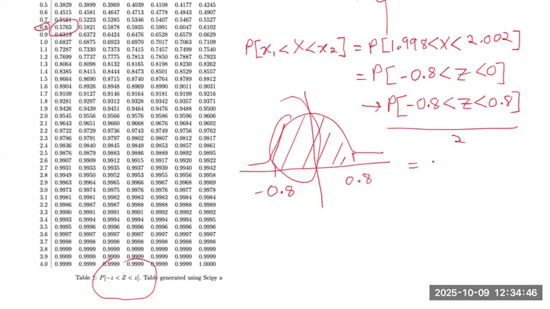So this is equal to 0.5763 divided by 2, and this is equal to a probability of 0.28815.